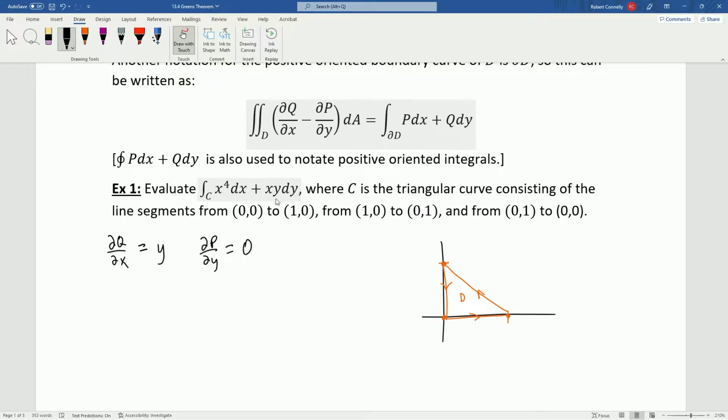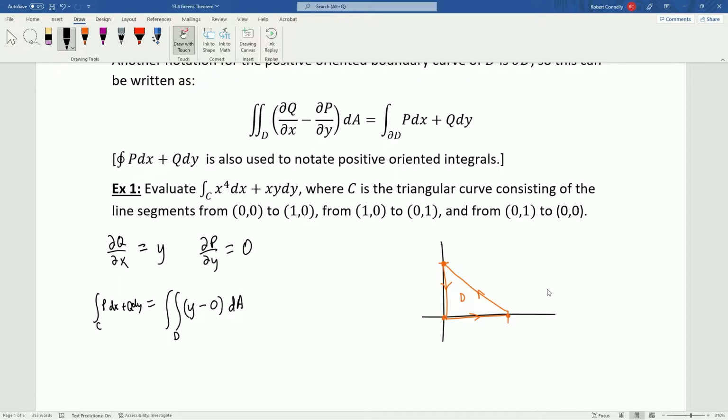So this line integral becomes the double integral, and I'll shorthand this, or maybe I should just say P and Q. Okay, so this is going to become the double integral of y minus 0 dA over the region D.